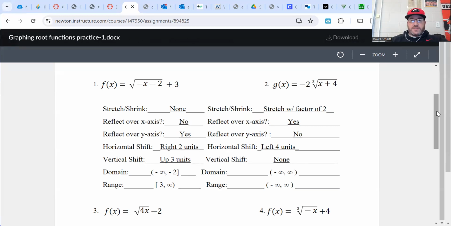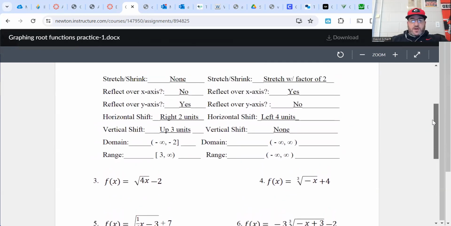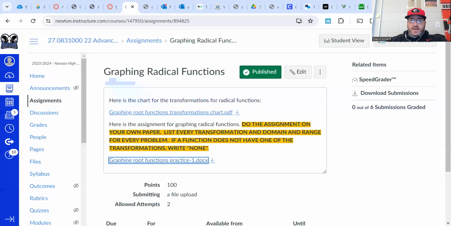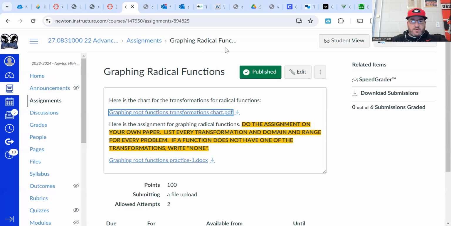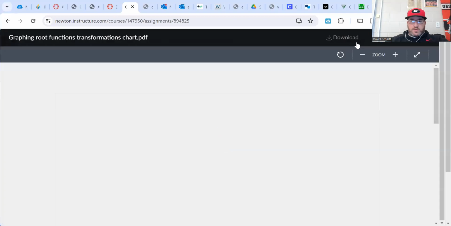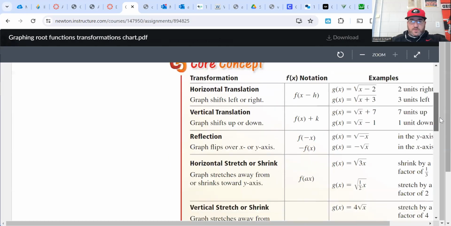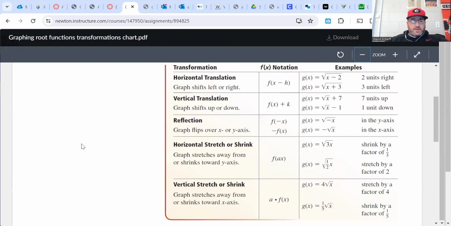So after we do the transformations, we'll go type those into Desmos to talk about the domain and range. So let's look at this first one. I got the square root of negative x minus 2 plus 3. Everything on here might have to zoom out one.